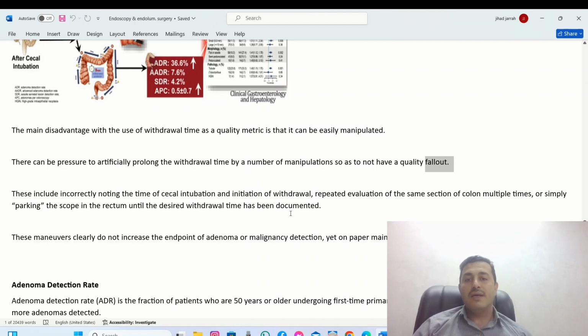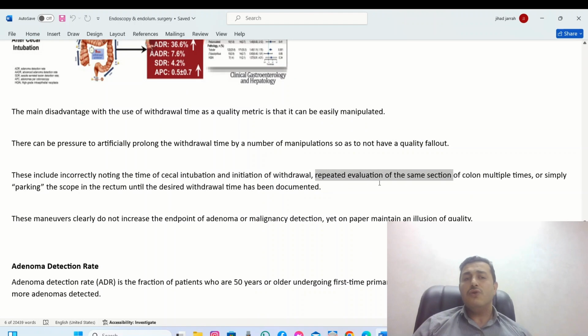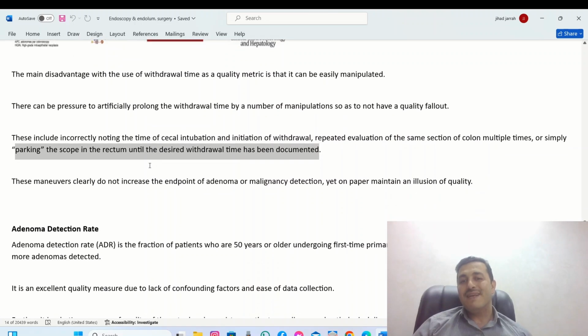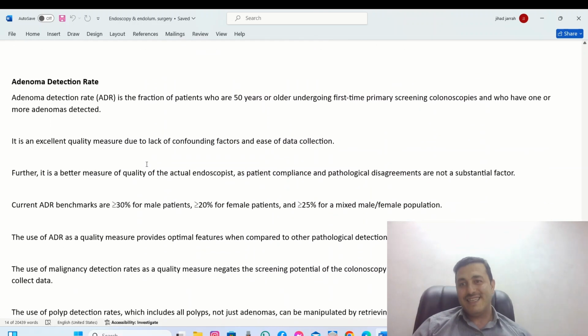For example, by incorrectly noting the time of cecal intubation, repeated evaluation of the same segment multiple times, or simply parking the scope in the rectum until the desired time has been documented. So it's not a very good parameter to detect the quality.